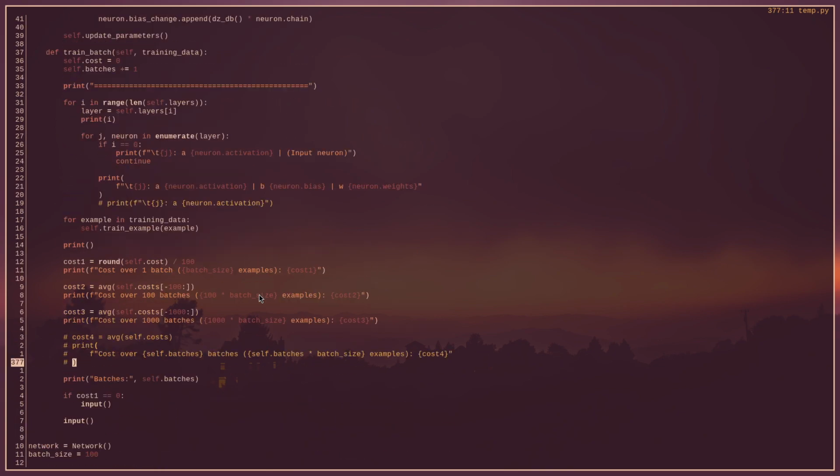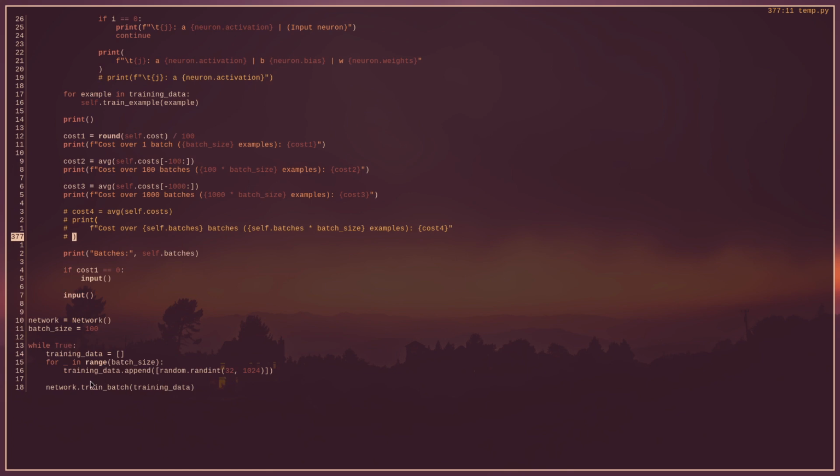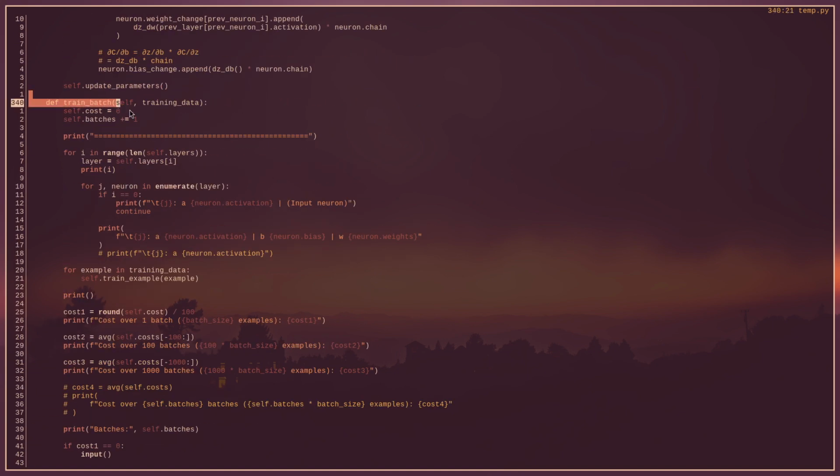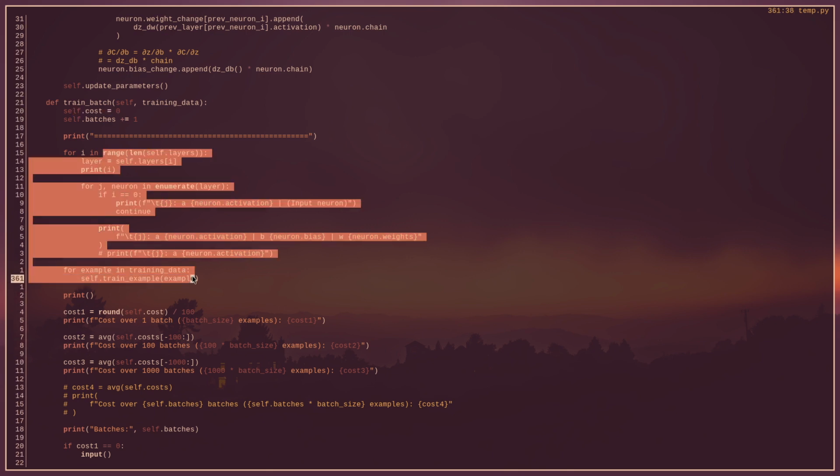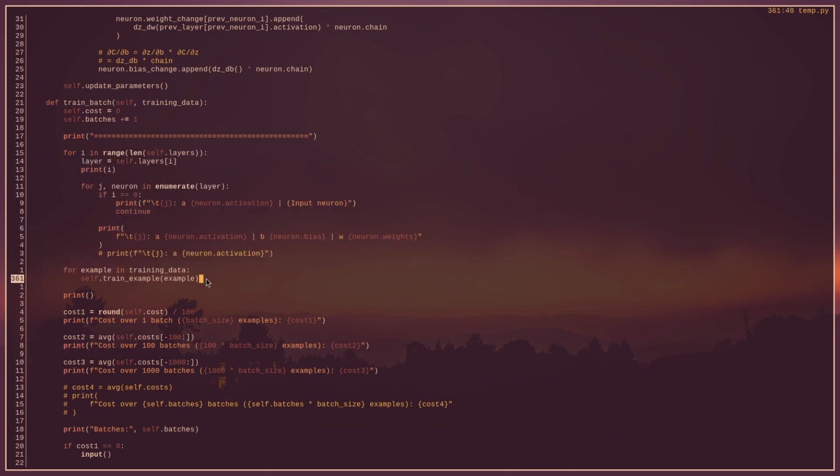Then it creates this list of training data, and then it tells the network to train for that in this train batch function. That goes over here. It initializes its default cost, which will get updated as it goes. In here, it prints out the current state of the network.